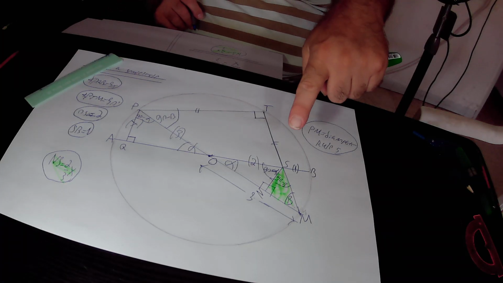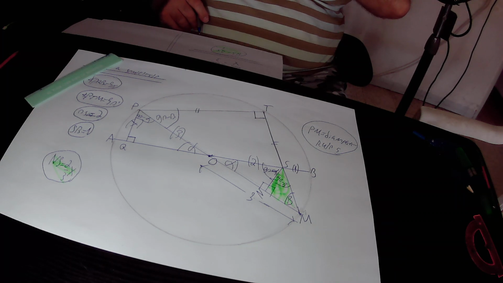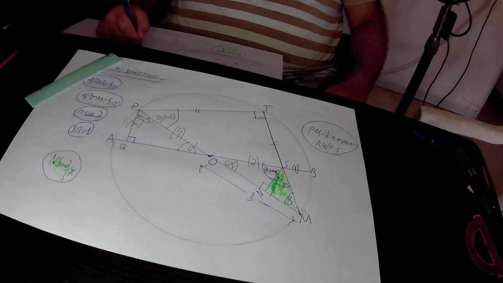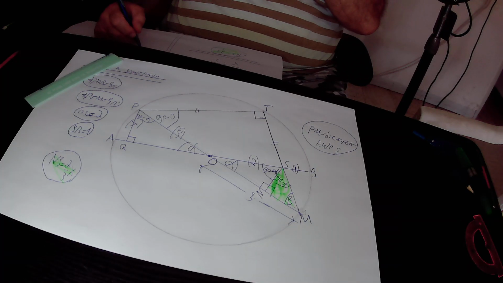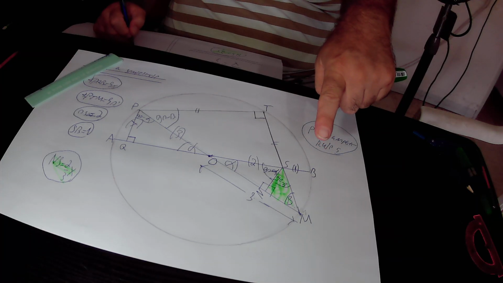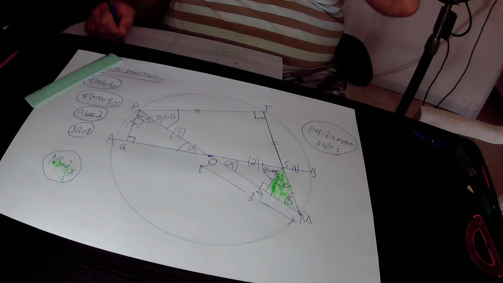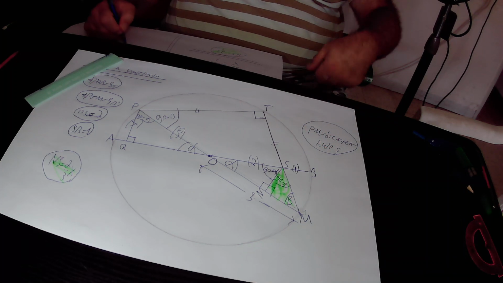Side NS of the small green right triangle SNM over side PT of the big right triangle PTM equals side SM of the small green right triangle SNM over side PM of the big right triangle PTM.